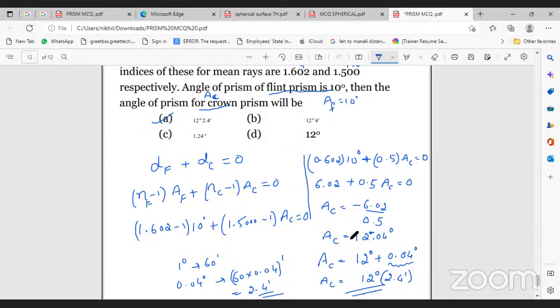So that is option A. But you can also observe one more thing here. That is, minus we are getting, right? What does that negative sign indicate? Negative sign indicates that the angle of the prism should be reversed.